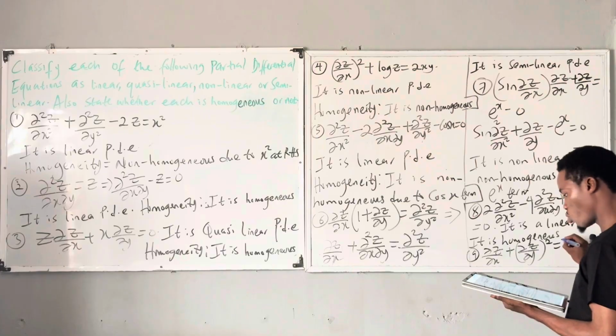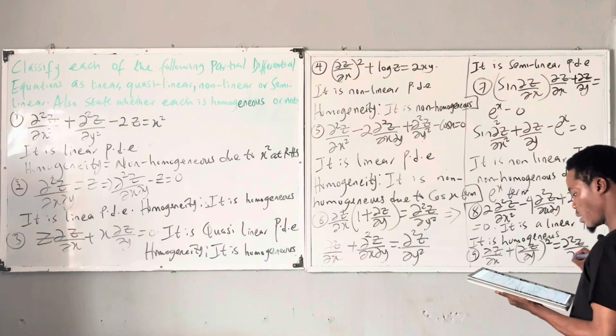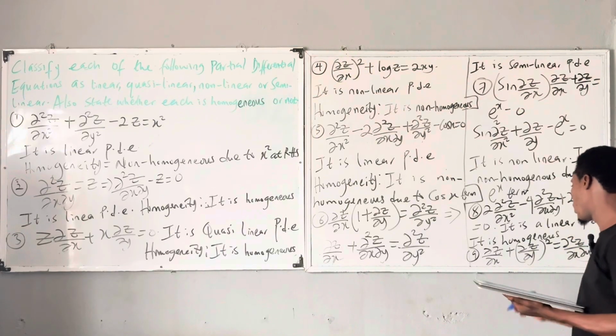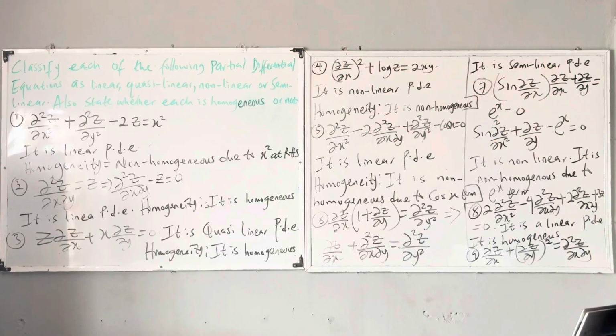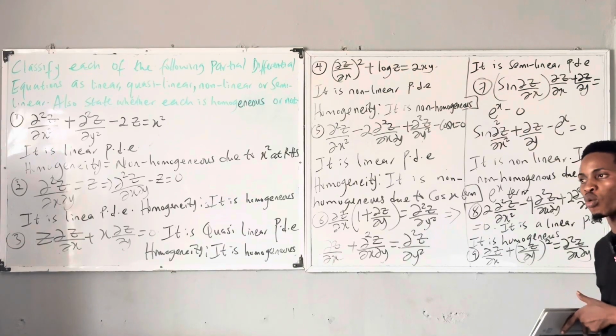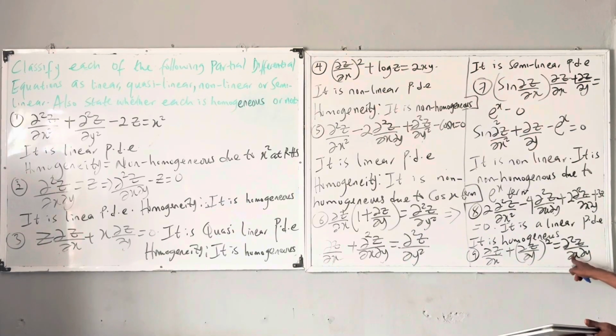This power of 2 is equal to the second derivative of z over dx dy. If you have a coefficient, which is the independent variable x or y, multiplied, it is a linear PDE. You can see from here as well.